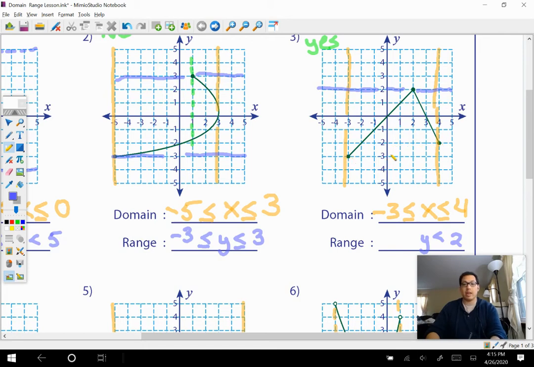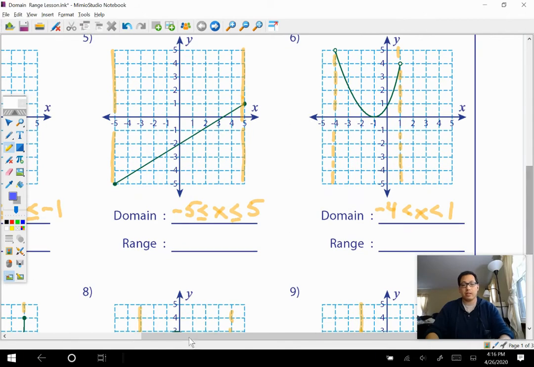This point's lower than that point, so it actually goes down to -3. -3 is the left side of our range. Okay, so again, we're just looking at the boundaries for this graph from up and down.